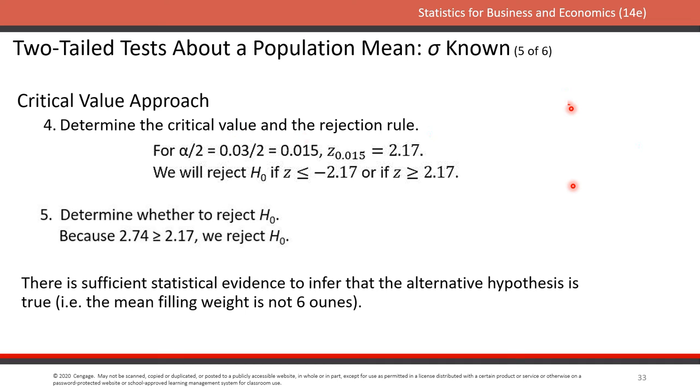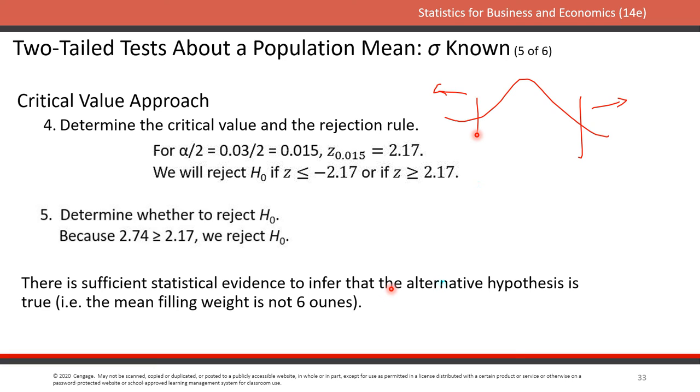So we've got our curve and our 2 cut scores, and if it falls on the outside of either of these cut scores, that tells us it's significant. So negative 2.17, if it falls below negative 2.17 or above 2.17. In this case, 2.74 falls above 2.17, so we reject the null hypothesis and say there's sufficient evidence to believe that the mean filling weight is not 6 ounces.